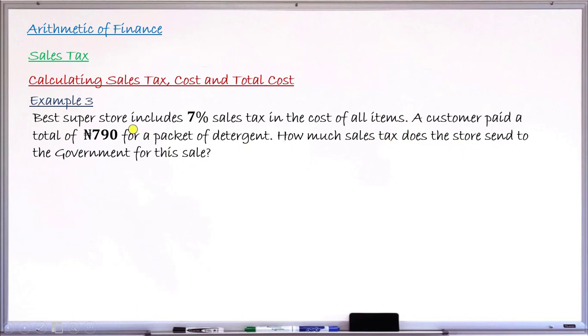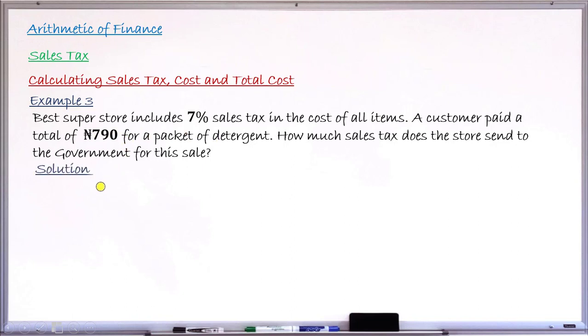So when they make a sale of this packet of detergent in which a customer paid and collected it for 790 naira, inside this money, 790, there is a tax which the store will pay the government. So the question asked here: what amount as a tax will this store pay the government as a result of selling this packet of detergent that cost 790 naira?